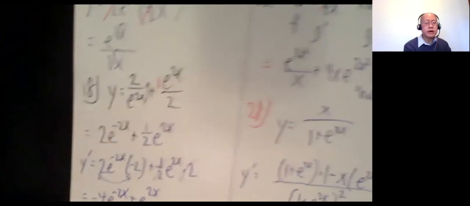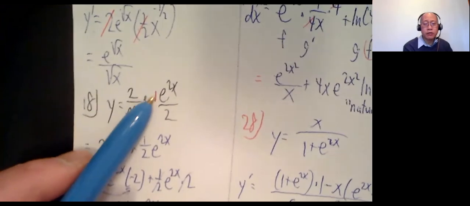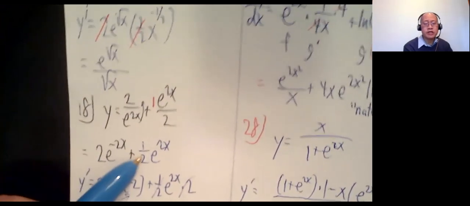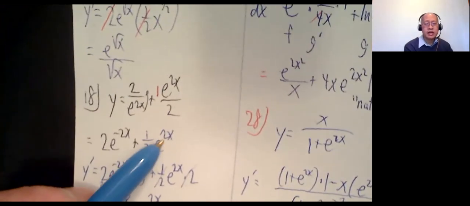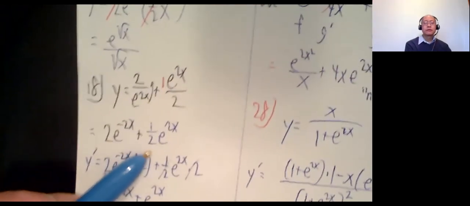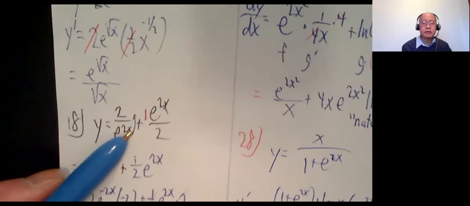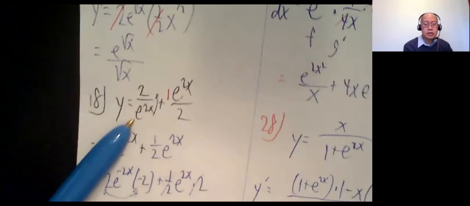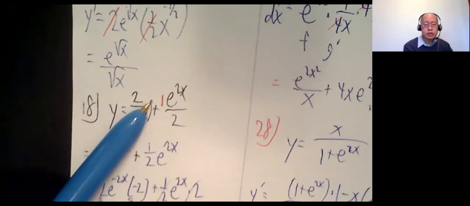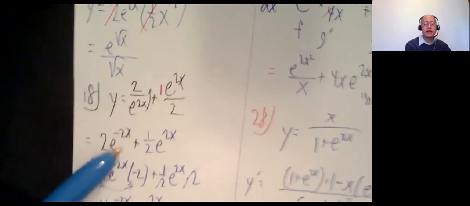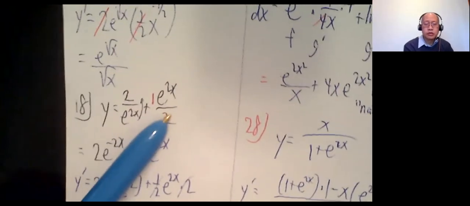How about if I divide by 2, I sneak in a 1, write it as a coefficient of 1/2. 1/2 e to the 2x. Okay, so one more time. If you have a quotient, but either the top or the bottom is a constant, do not do the quotient rule. Simplify it first. Constant on top, swing this guy up, so it becomes a negative exponent, 2e to the negative 2x. 2 is on the bottom.